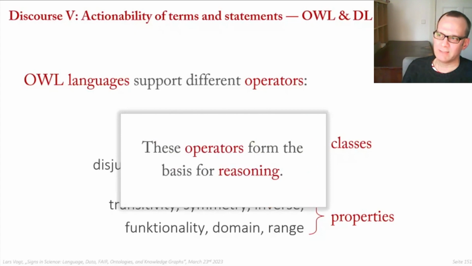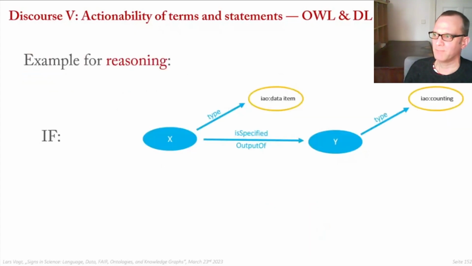And these operators form the basis for so-called reasoning. Here we have an example. If this is true, we have a certain instance of the class data item that is a specified output of an instance of the class counting.